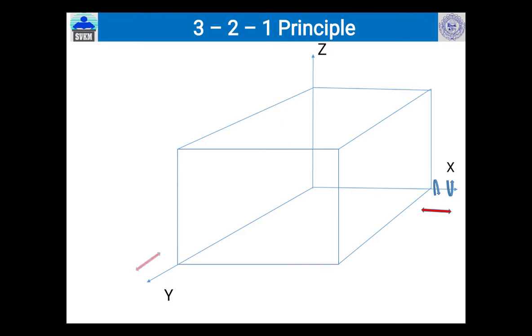Similarly, Y forward, Y backward, Y clockwise, Y anti-clockwise. Z upward, Z downward, Z clockwise, Z anti-clockwise. So total degrees of freedom is 12. So in 12 directions it may rotate or move.